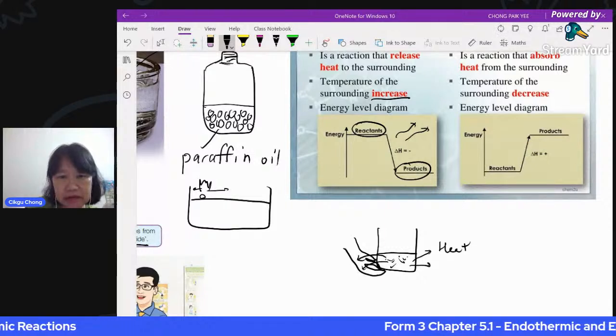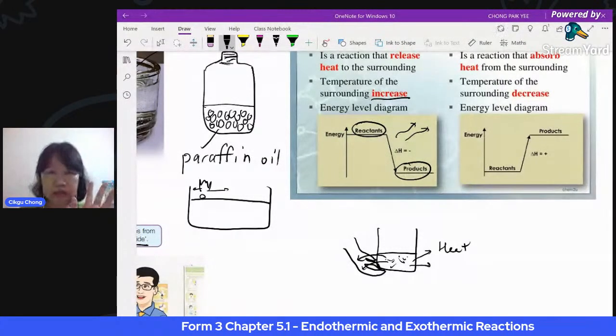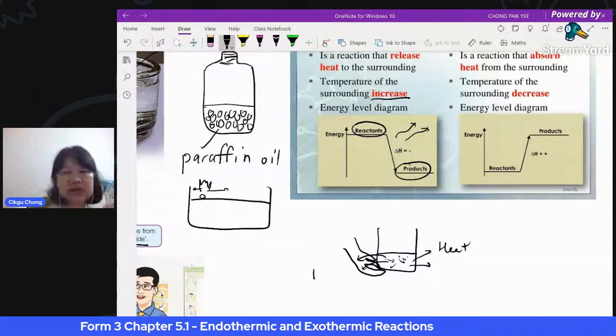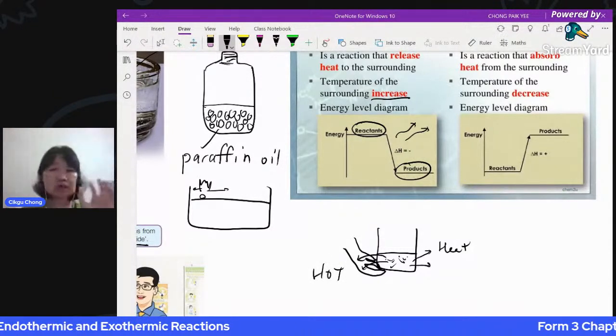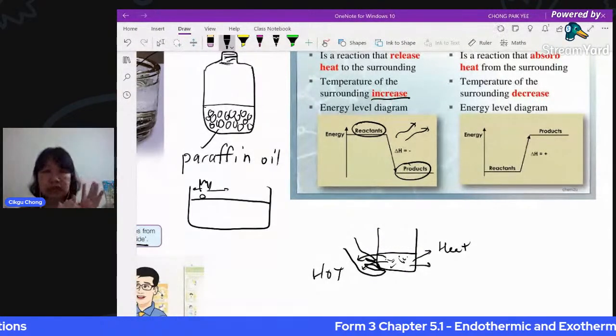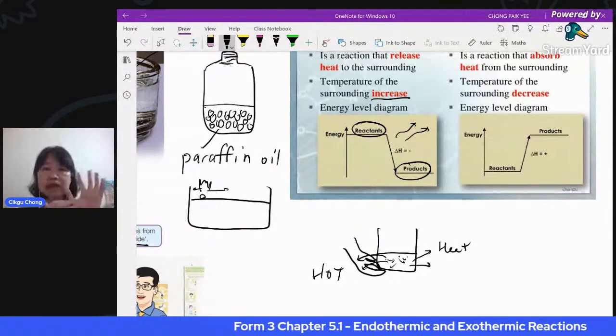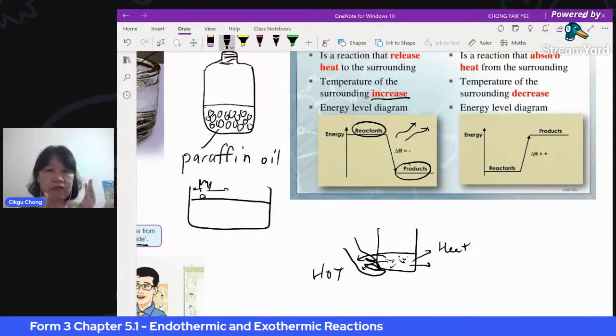The heat comes from the substance and goes into your hand, and your hand receives heat. When your hand gets more heat, you feel that the substance is warm.